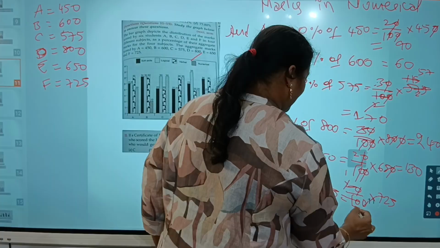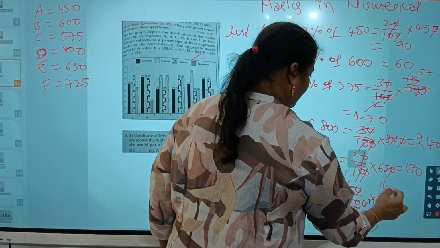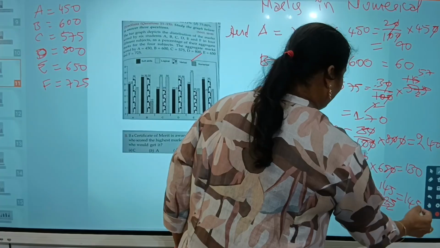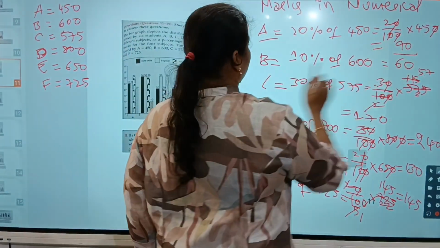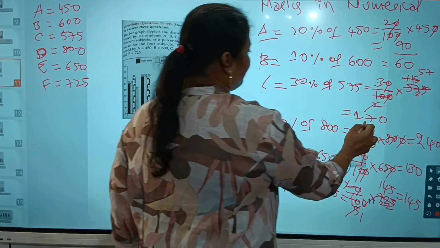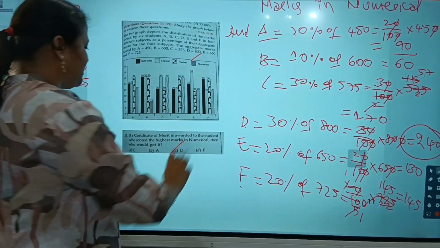So it is 145. So who got the highest marks? A got 90 marks, B got 60, C got 170, D got 240. So the highest marks person is D.